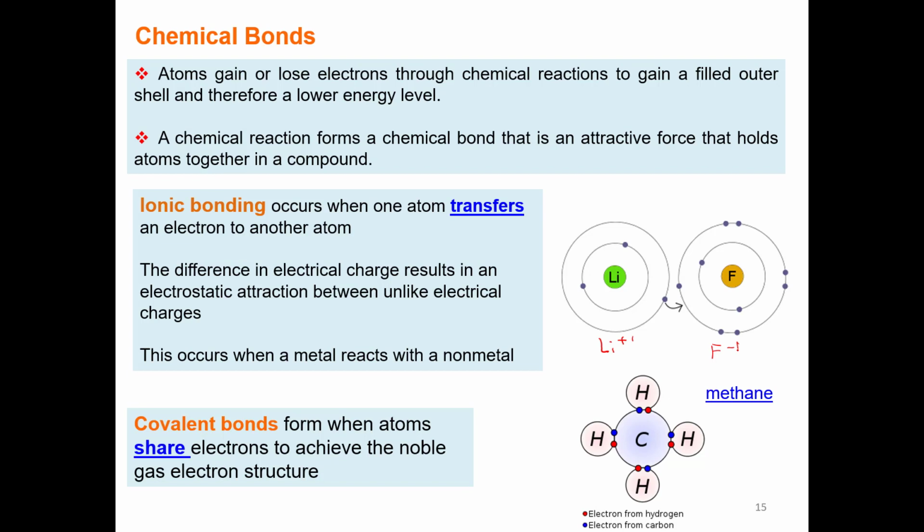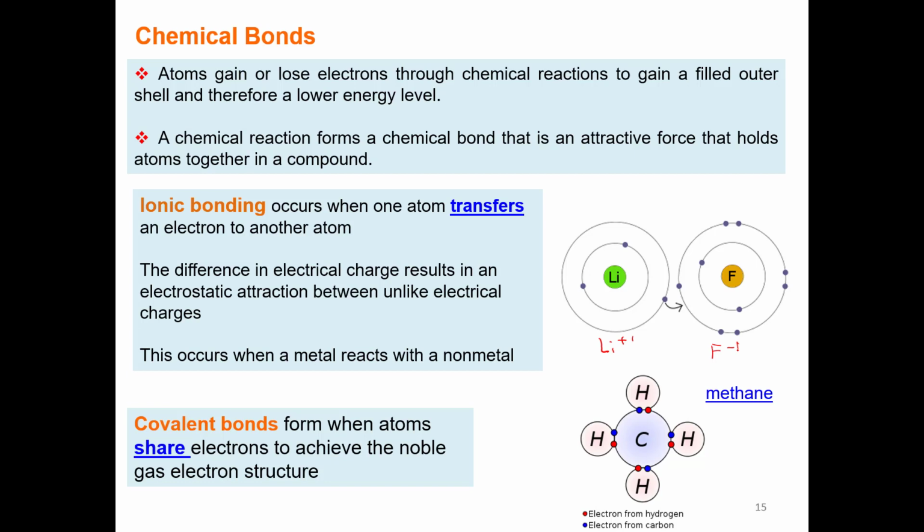Remember, unlike charges attract. Because one is positive and the other is negative, this difference in charge results in an electrostatic force, and that force keeps these two ions together.